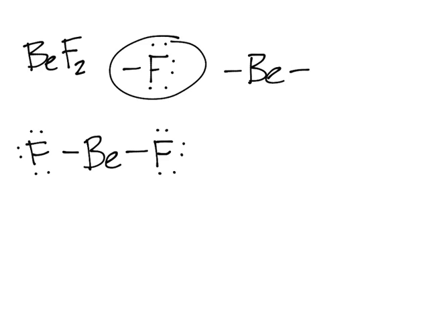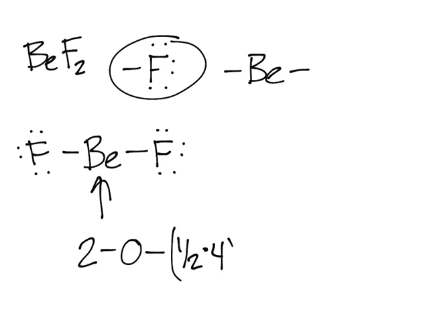And so the neutral charge for beryllium, we'll do that first, is it has 2 valence electrons minus 0 lone pair electrons minus 1/2 of 4, because you have 2 electrons in each of those bonds, and that's the formula. And then that gives you a formal charge of 0. So beryllium in this is neutral.